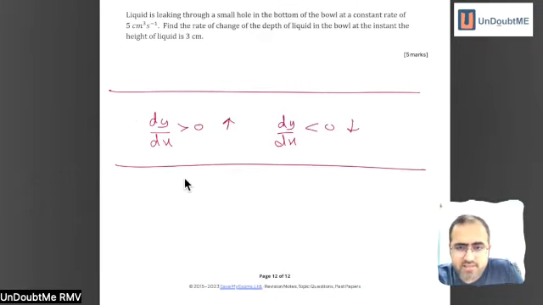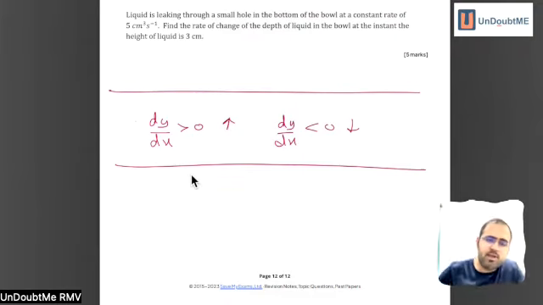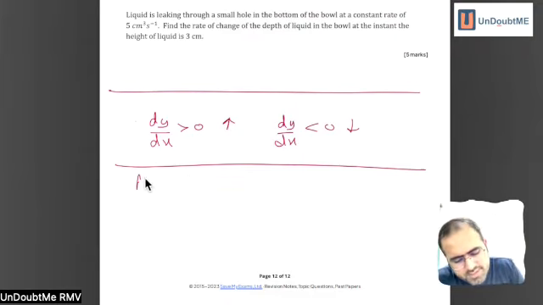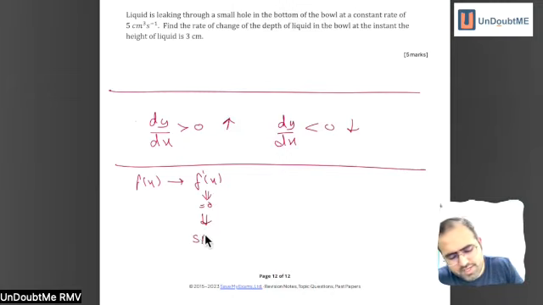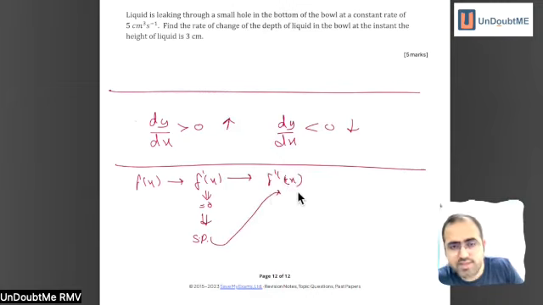To find maxima and minima and to check, we use the double derivative. For that, we start with f(x), then find f dash x and equate it to 0. After equating it to 0, we find stationary points. Then we find f double dash x. Then we put those stationary points in that.